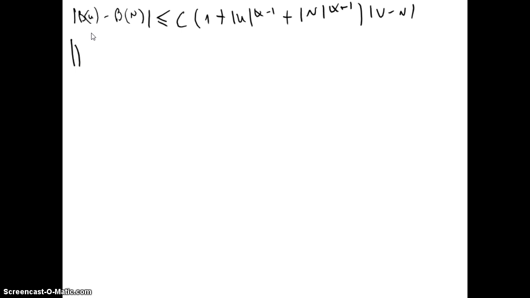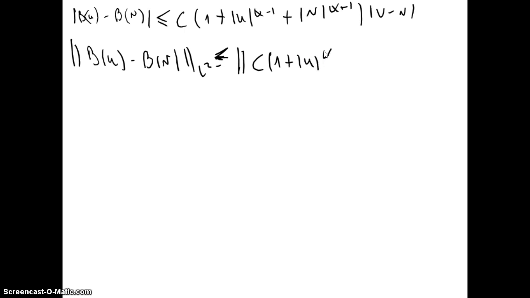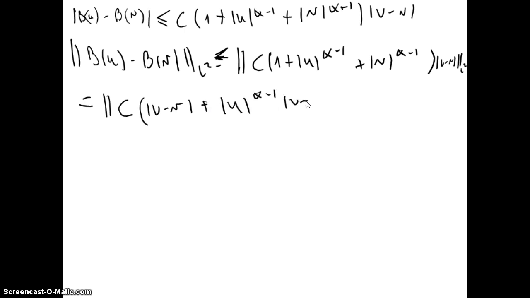we apply to this the norm in L2. Then we will have that this is less than or equal to the norm of c times (1 plus u^(alpha-1) plus v^(alpha-1)) times (u minus v) in L2, and this will be equal to c times the norm of (u minus v) plus u^(alpha-1)(u minus v) plus v^(alpha-1)(u minus v) in L2.